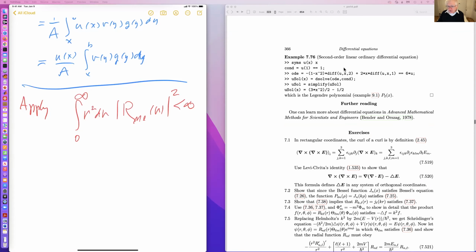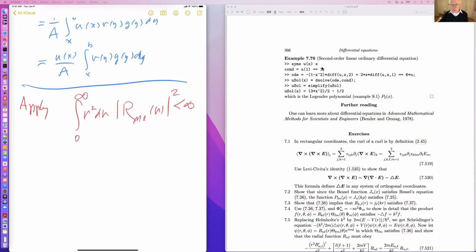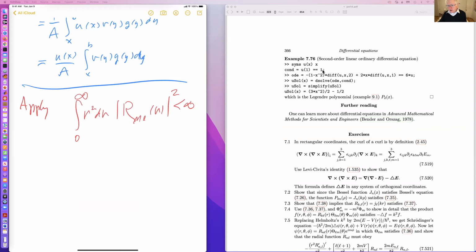For the Legendre polynomials, which I'm going to be talking about later today, what you do is you say syms u of x, x, a condition u of 1 equals 1. That's true for all the Legendre polynomials. This is Legendre's equation. I didn't put it in self-adjoint form, well, it is self-adjoint form, but not in the simplest self-adjoint form, in which case you have some parentheses here.